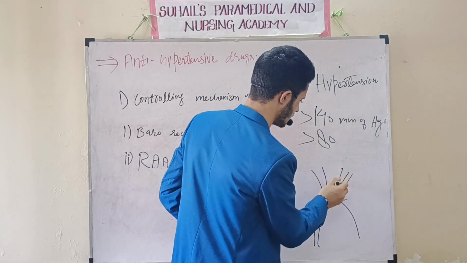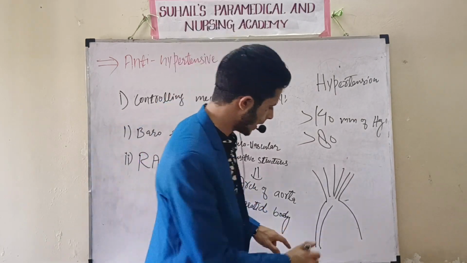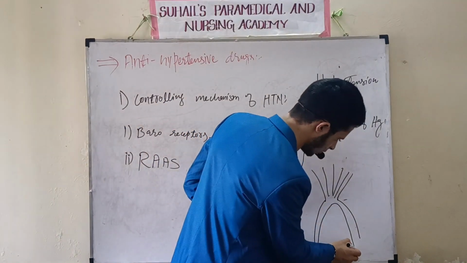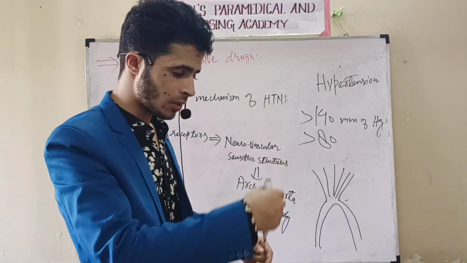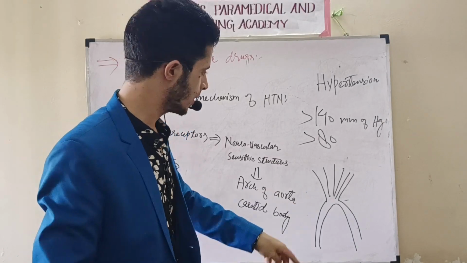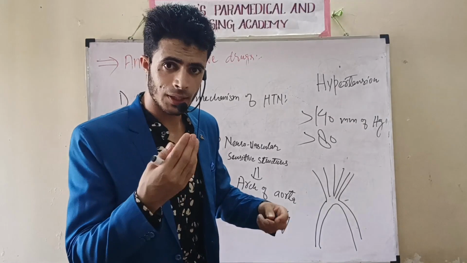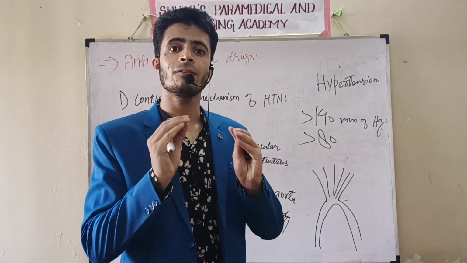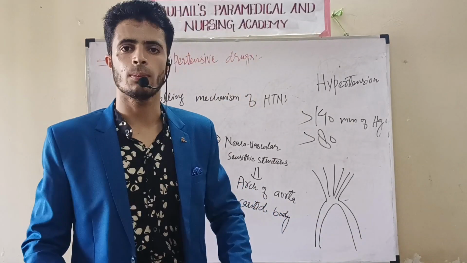This is the ascending aorta, and this will be the descending aorta that goes at the backside of the heart. The aorta that runs from the backside of the heart towards the downside of the body is called the descending aorta. This aorta comes from where? The aorta arises from the left ventricle, so that the oxygenated blood will be transferred to the body parts.